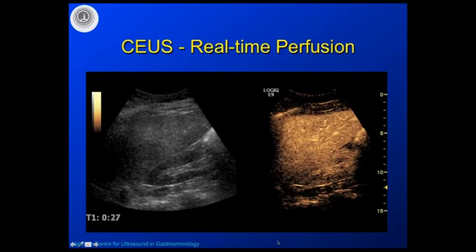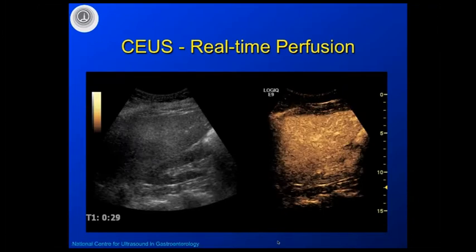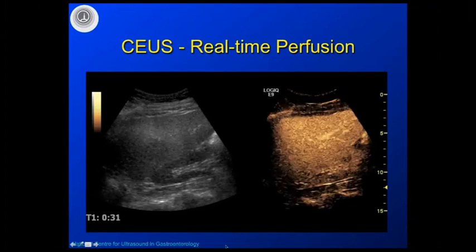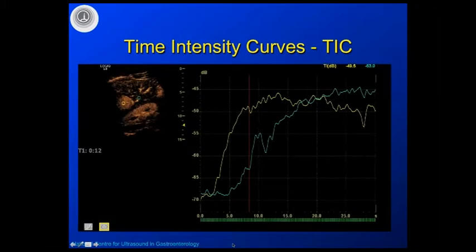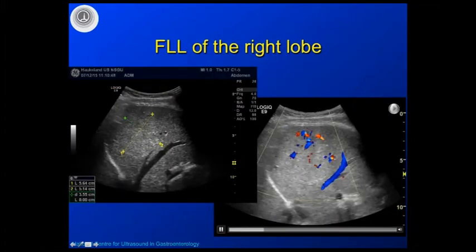In this case, we found no washout, and we also did a biopsy that proved that this was a hepatic adenoma. And we can again use the time intensity curve to really observe how much earlier the enhancement of the tumor is compared to the surrounding liver tissue. Here we have approximately 4 or 5 seconds difference in the start of enhancement.